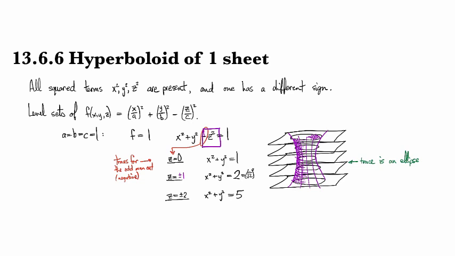So, for instance, this one here that you get from looking just at the sides right there, what is that? That's where I set x equal to 0, right? So that's y squared minus z squared equals 1. And all the other purple ones are going to be rotations of that one around the axis.